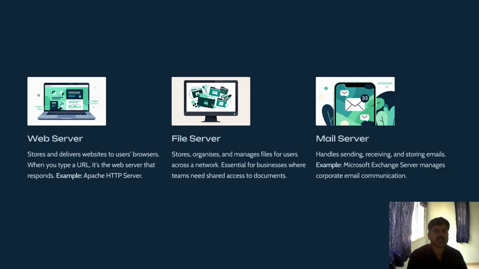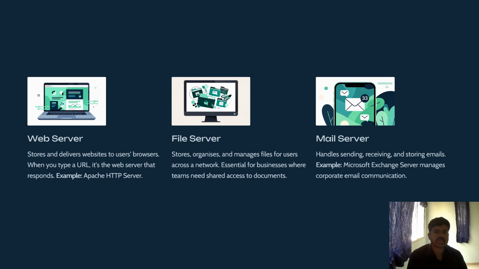For example, Apache HTTP server is a popular web server software. When you open a website, it is delivered by a web server. Then file server, it stores files of users. In a computer lab, a student can access shared files from a file server.